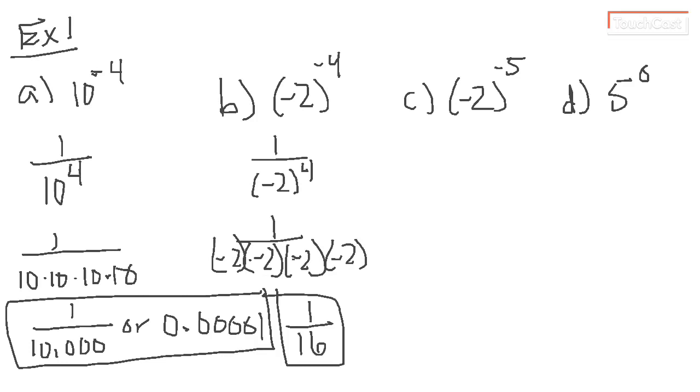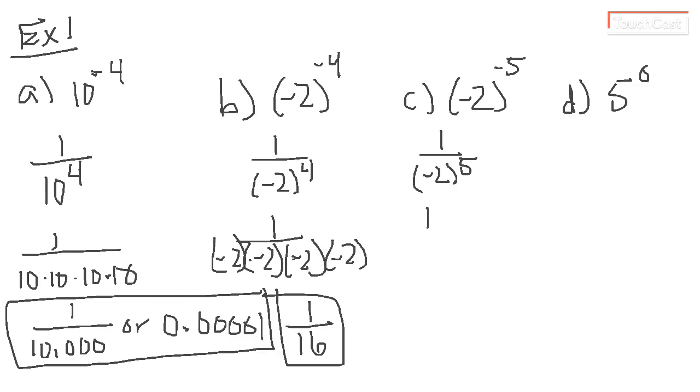Let's look at example 1c. We've got negative 2 to the negative fifth power. So we're going to start by writing that as 1 over negative 2 to the positive 5. So let's expand that exponent out.